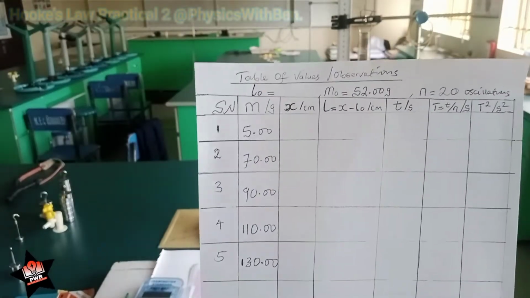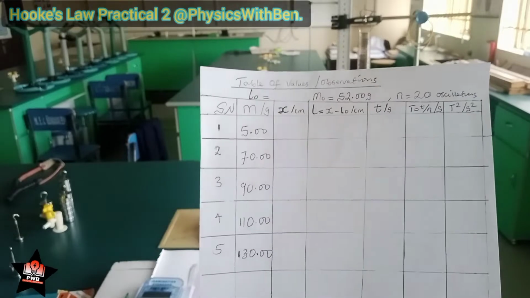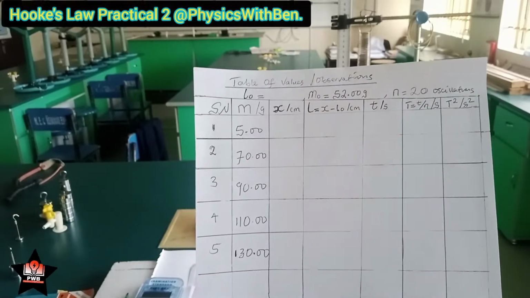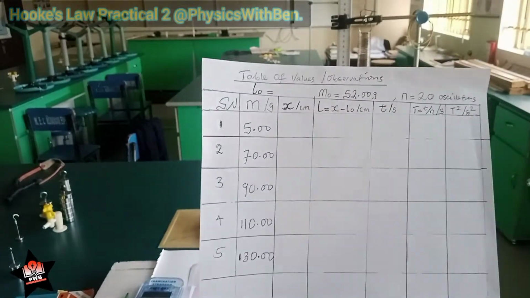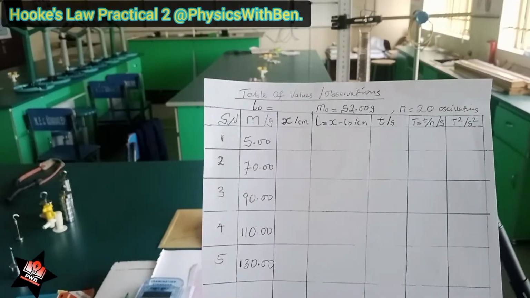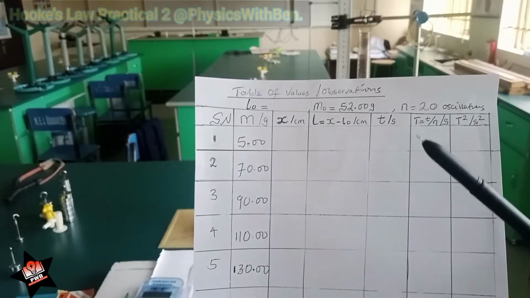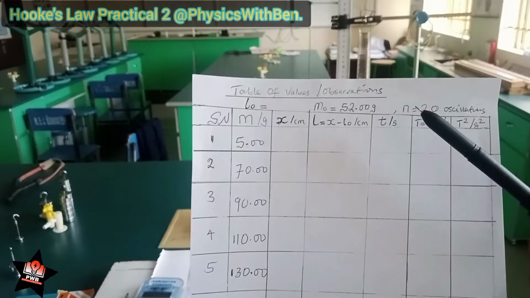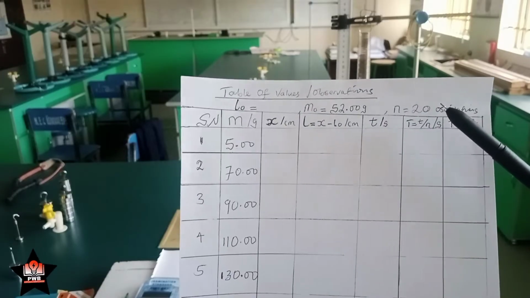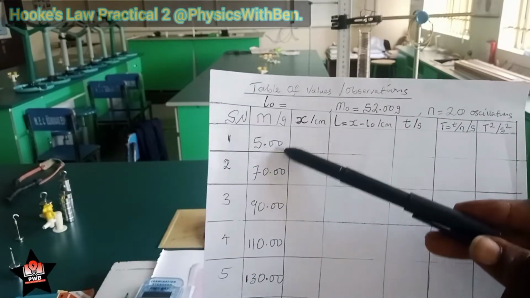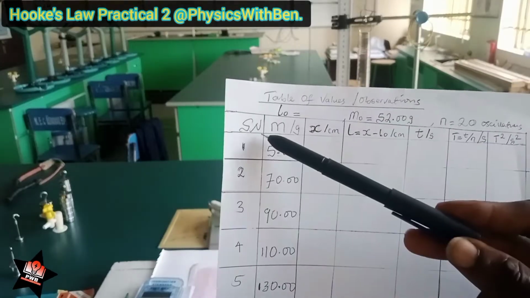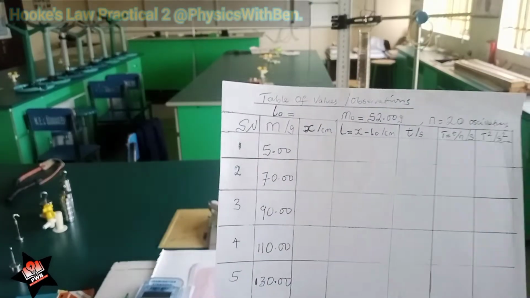I included some details that were not supposed to be here. I did it because I'm teaching. The table of values for this particular experiment, you need the n number of oscillation on top of the table of values, correct. You need this. That is on the composite table.